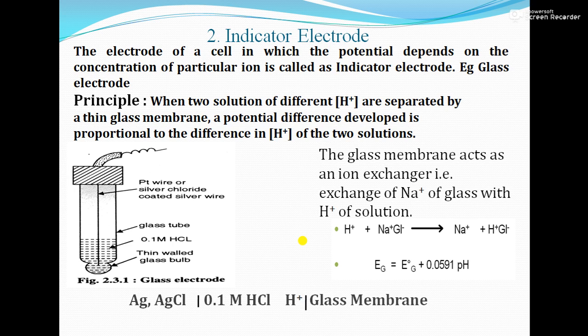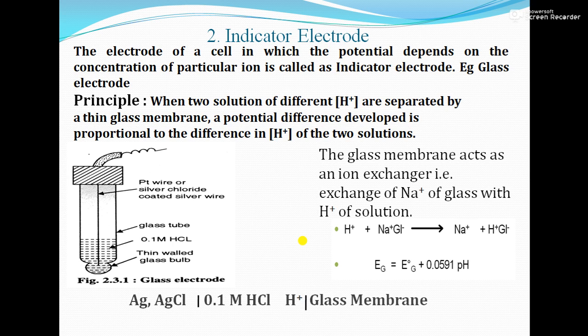Then next is the indicator electrode. The indicator electrode is the electrode of the cell in which the potential depends on a particular ion concentration. For example, glass electrodes.